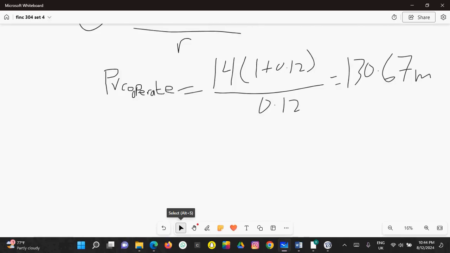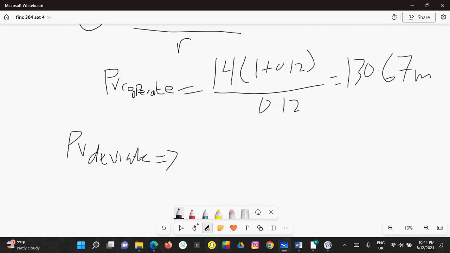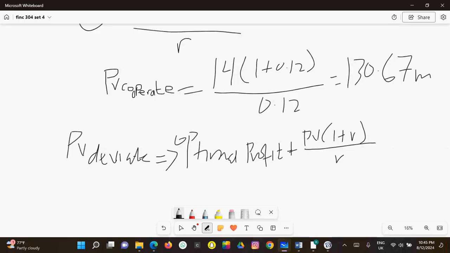But when one firm decides to deviate, so the present value of either not cooperating or deviating, for that one is going to be the normal profit, the profit at the optimal profit, plus the rest of the money that you'll be making, 1 plus half all over half.